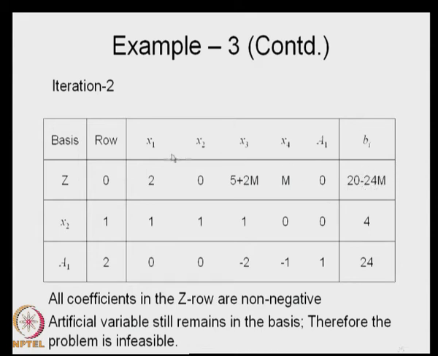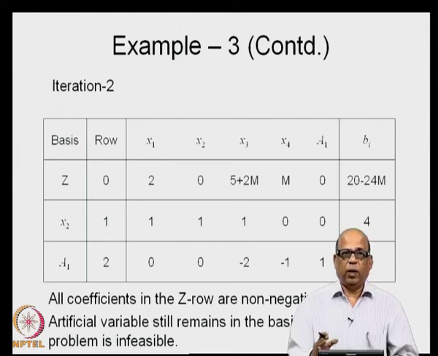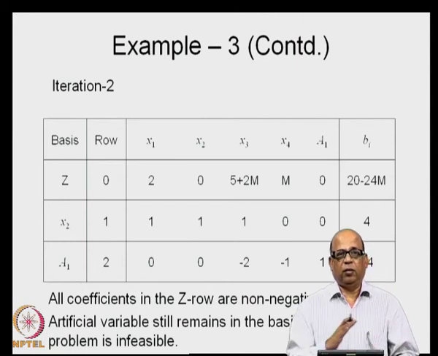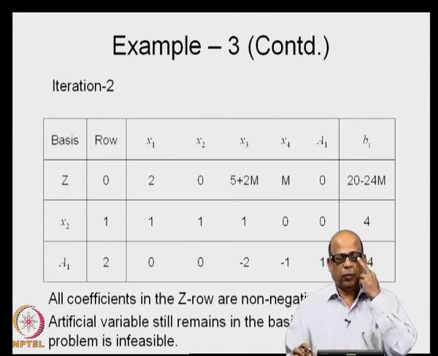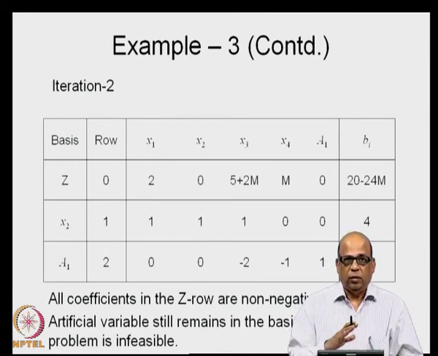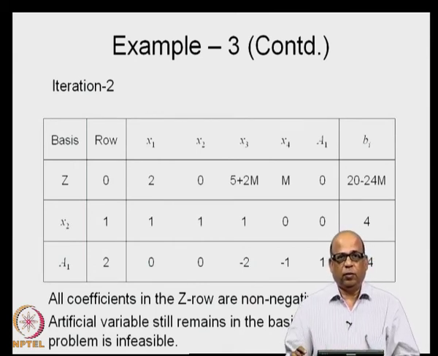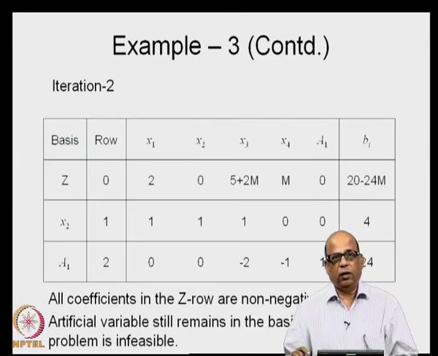So, although you have satisfied the optimality criteria here, because there is an artificial variable sitting in the basis, this is an infeasible solution. You identify the infeasible solution the moment you hit the optimality criteria and there is still at least one artificial variable sitting in the basis in the final tableau. So, this is how you identify an infeasible solution.